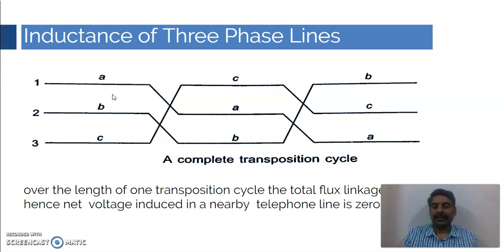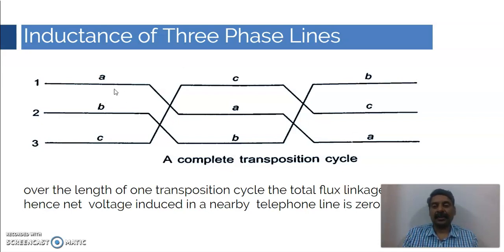Okay, so likewise, at equal intervals of distance, we will interchange the positions of these conductors. A moved through positions 1, 2 and 3. This cycle, consisting of these three sections, is called a transposition cycle.